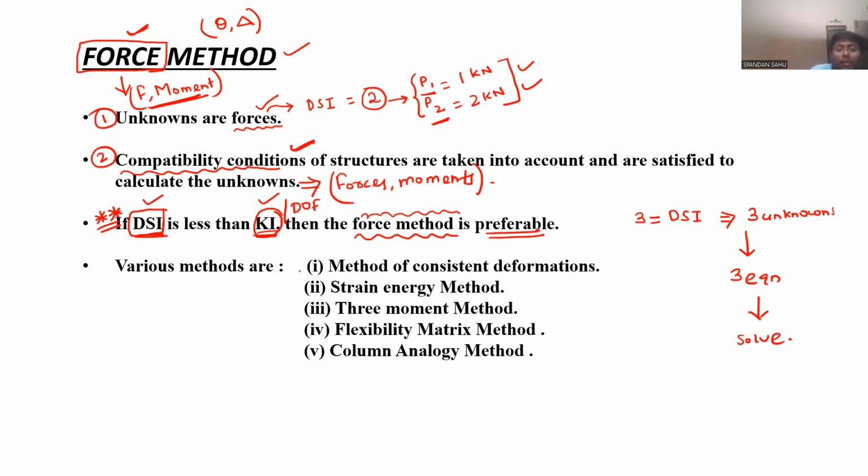These are the various force methods: method of consistent deformation, strain energy method, three moment method, flexibility matrix method, and column analogy method. Today our main discussion will be method of consistent deformation for beams and frames, or more generally flexural members.